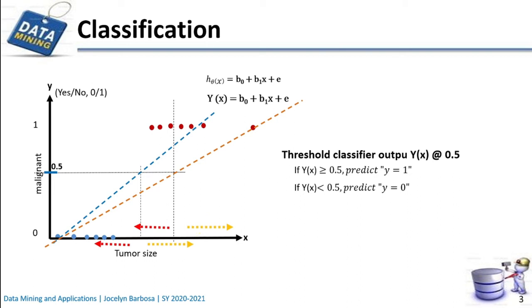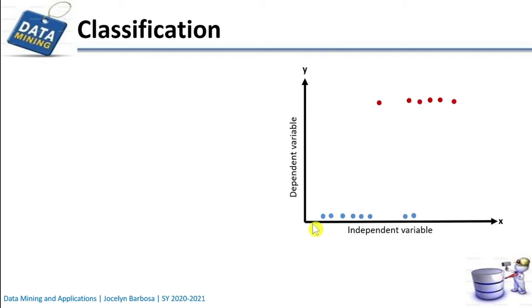And another thing, the worst thing here as we move to the next slide, is that using linear regression in classification can also result in unpredictable results. For classification, we know that y is equal to 0 or y is equal to 1.